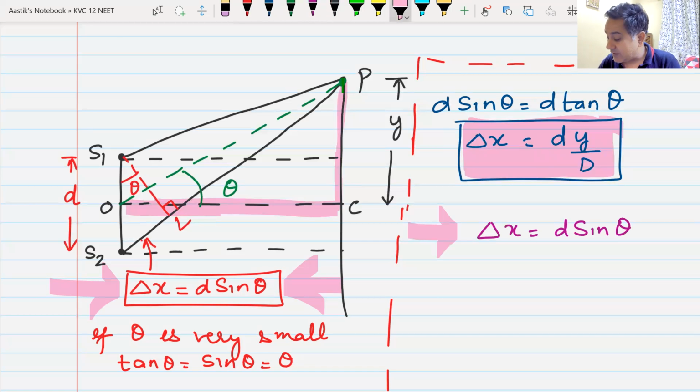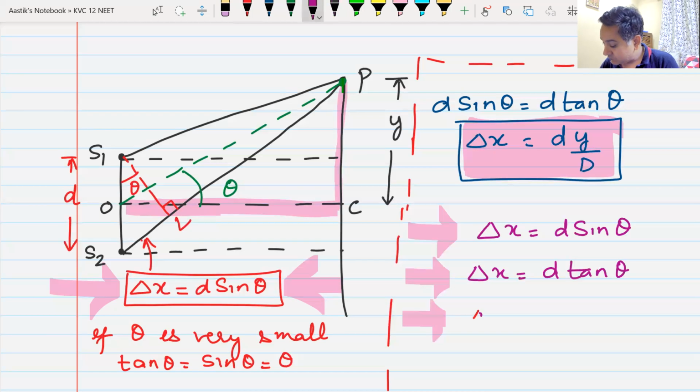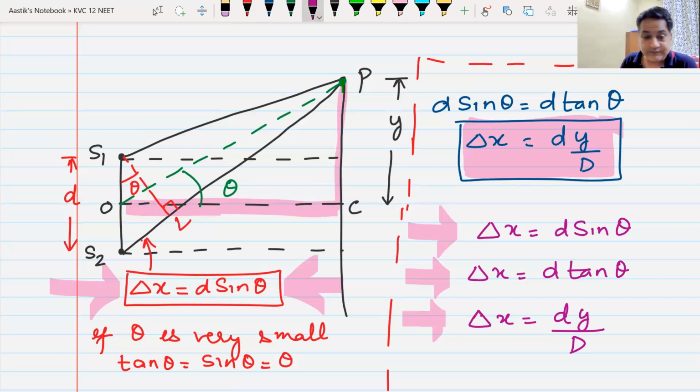The next way of writing the same path difference, if theta is very small, I can write path difference as d tan theta. Are you getting me, my dear friends? Then once I've written this, the third way of writing the path difference becomes delta x is equal to d into y by capital D. I'll give you 2 minutes to note this down. This is the most important aspect of this chapter.